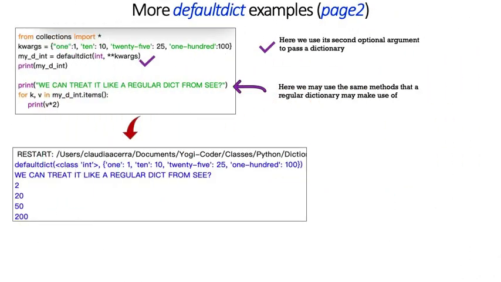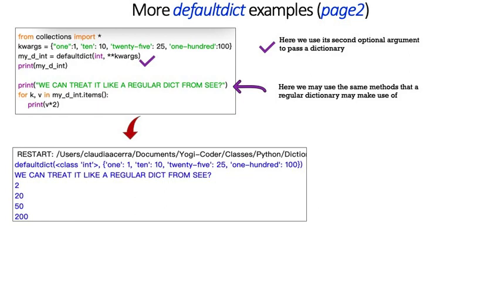Second example using defaultdict, I wanted to show you what it's like to use its second optional argument to pass in a dictionary. So again, from collections import star, we create a variable called kwargs. We set up a dictionary. Now for our defaultdict, we call it my_d_int equals defaultdict(int), which is our default factory, this time instead of string, and then we have **kwargs.